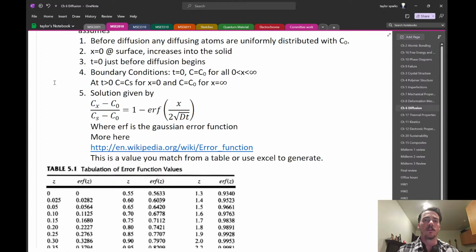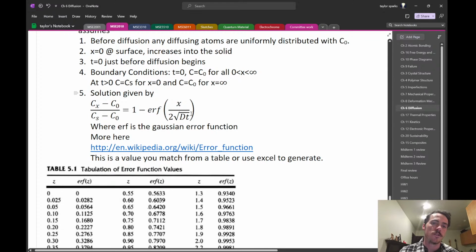We assume that the concentration was fixed all the way through the material at C naught, and then the surface is unchanging. Those things may not be the case for the engineering scenario that you're working on, but they are, for a lot of instances, an okay solution, or an okay approximation. And if those boundary conditions work for you, then there is an analytical solution that you can use.